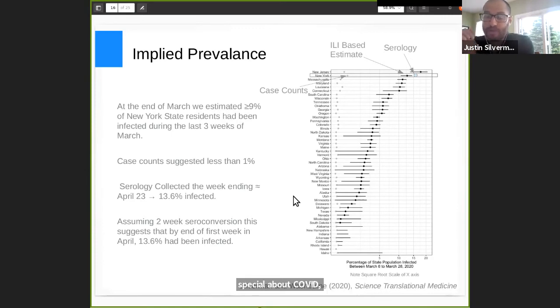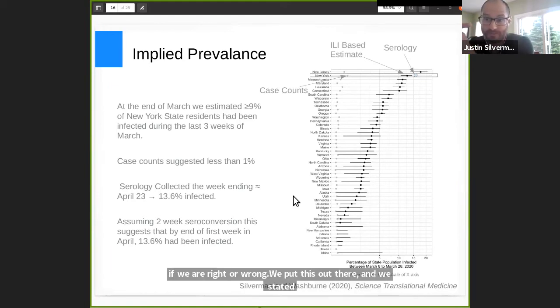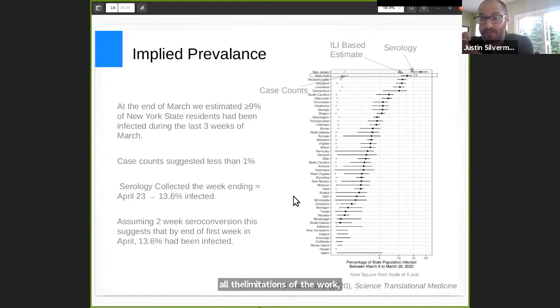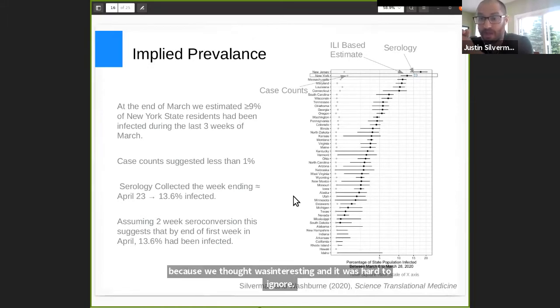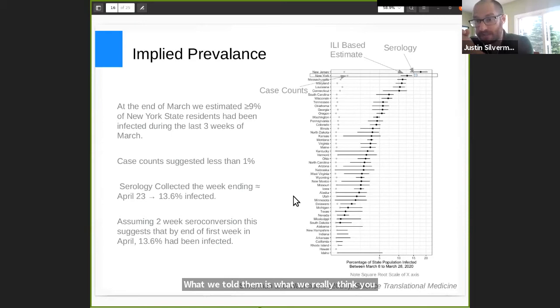And basically what we said was, look, we don't know if we're right or wrong. We put this out there and we stated all the limitations of the work because we thought it was interesting and it was hard to ignore. What we told them is, we really think what you should do is a huge serology study looking for antibodies against the virus.